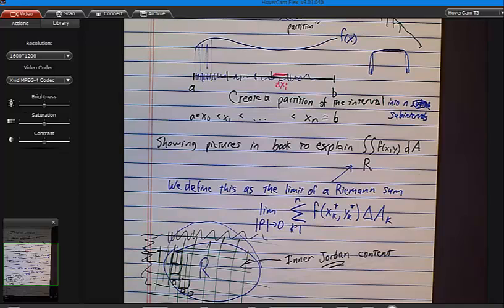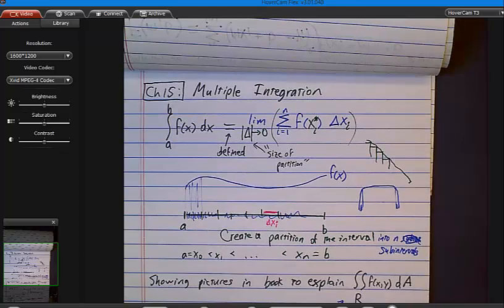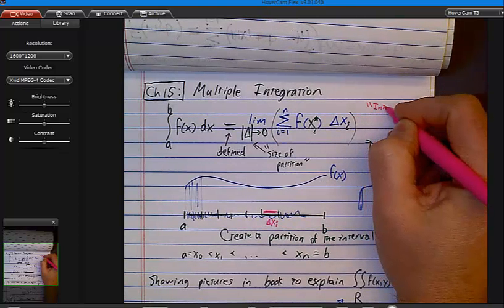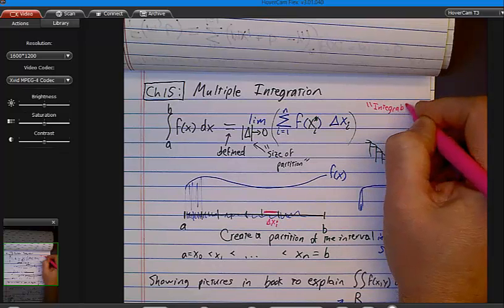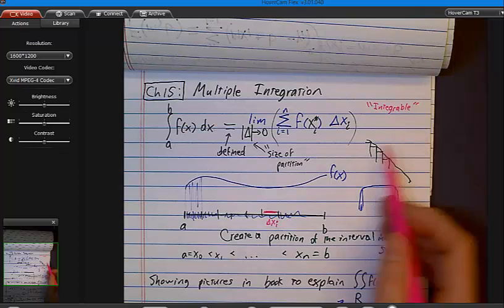Now there's one more word that I'm going to go back to Calc 1 for, way at the top. Do you guys remember this word? Sure you do. Integrable. Right? Am I able to compute the integral of something, right?